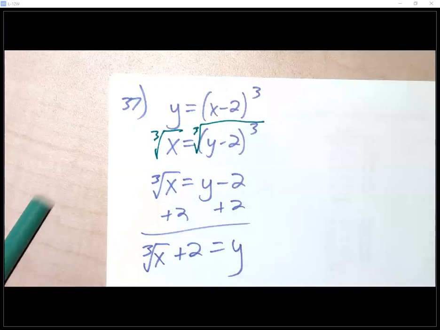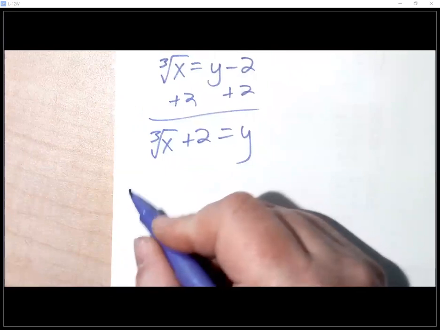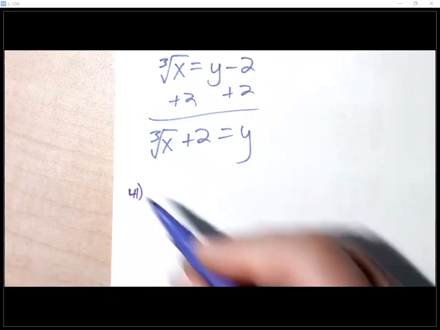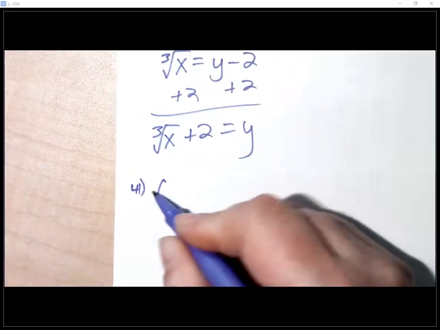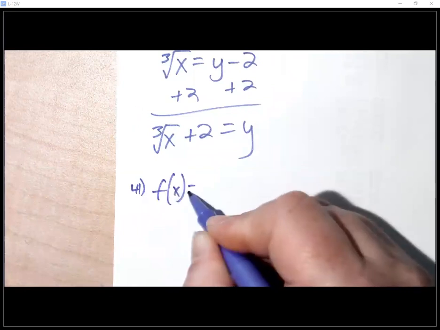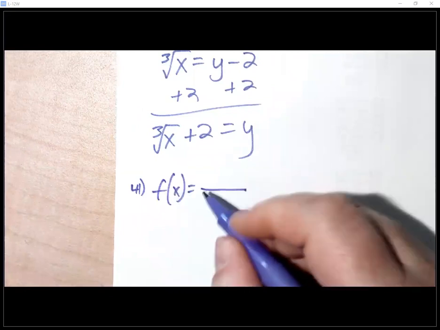Is everybody okay so far? I know I'm going fast, but I assume you're with me. All right, 41. We have to find out whether these two things are inverses. I'm going to write it as f of x. I hate n's. Sorry if you like n's.